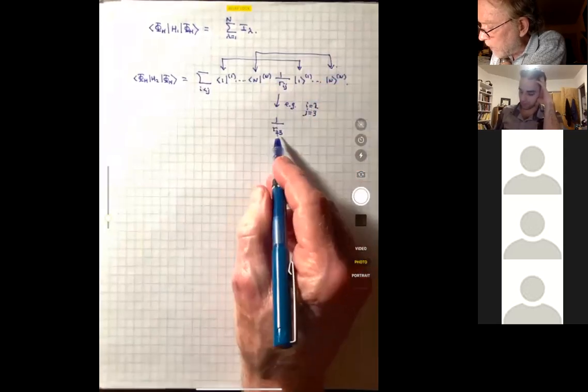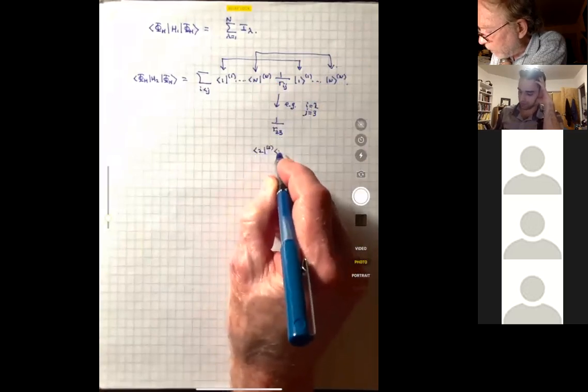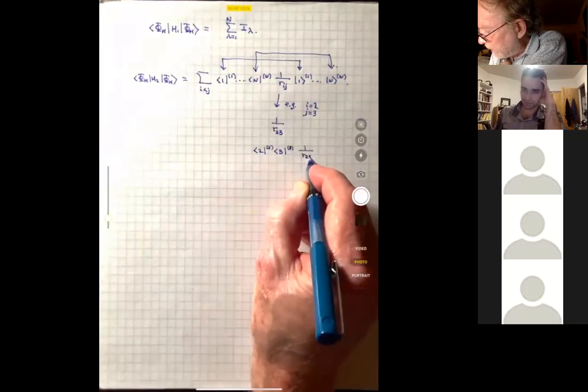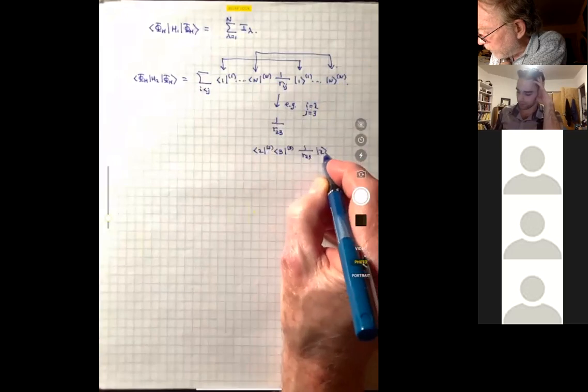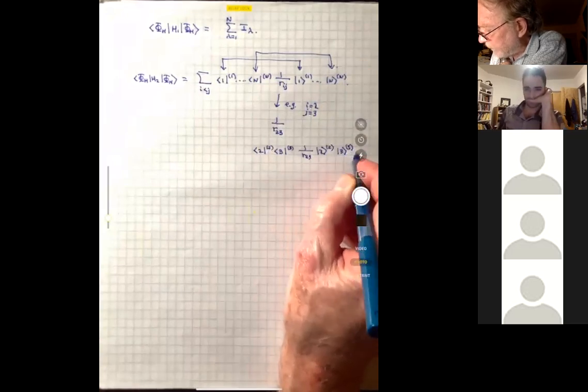And so the result in this example is that we get orbital 2 for particle 2 times orbital 3 for particle 3, 1 over R23, times orbital 2 for particle 2 now as kets times orbital 3 for particle 3 as kets. Okay?